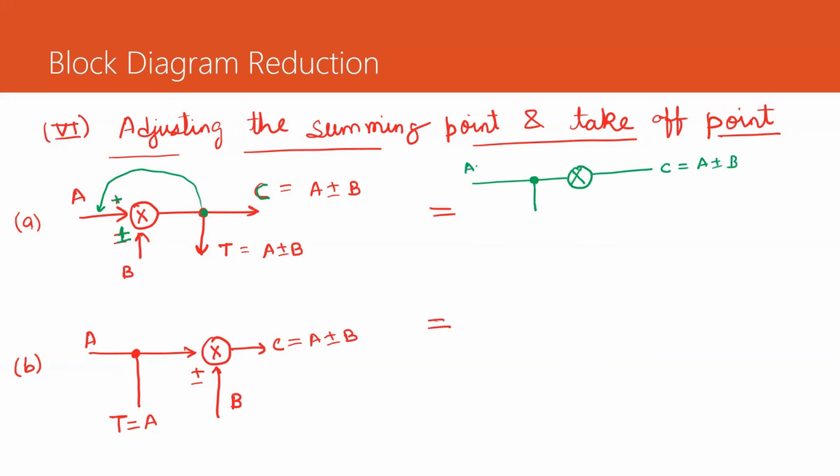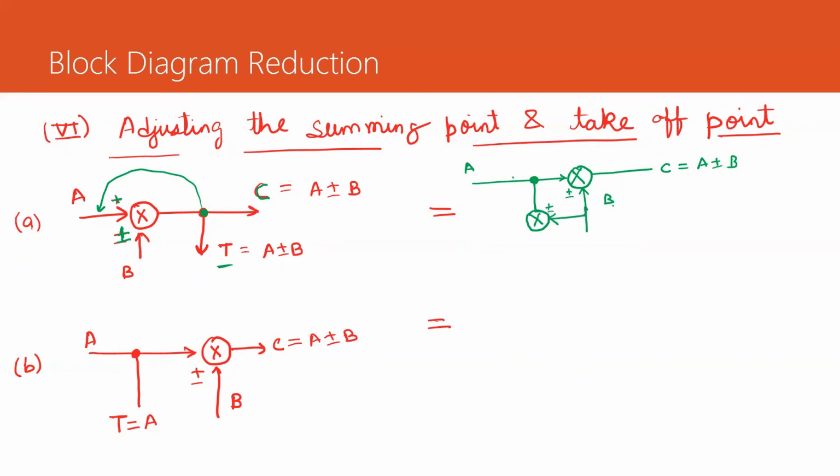so a plus minus b, I am moving a takeaway point to this particular location. So to get an output at t, okay, we know we have b over here which is applied to this summing point. Now the t value is also a plus minus b, so I have to add one more summing point over here, and in that particular summing point we have to add a component of b.